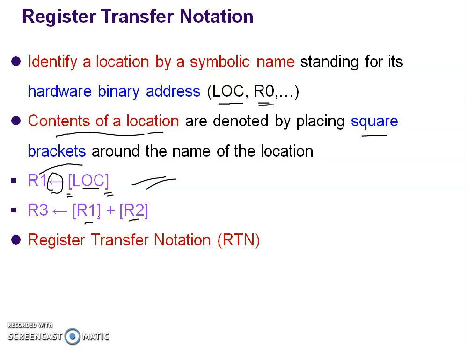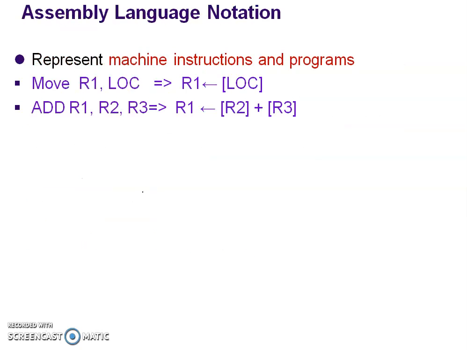In the second example, R3 arrow R1 plus R2, the content of R1 is added with the content of R2 and the result will be stored in R3.